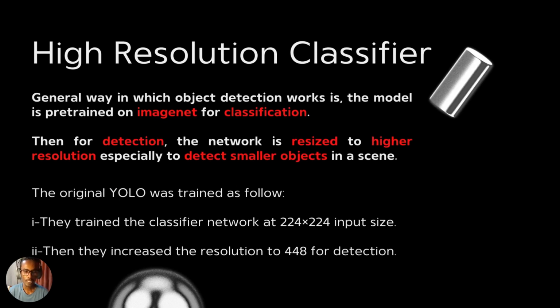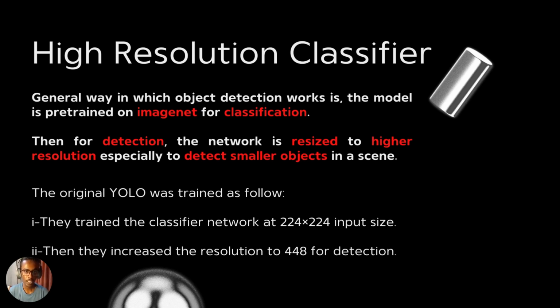So how did they train the YOLO v2 model? One thing they did was use a high resolution classifier. In general, in object detection, we pre-train the model using ImageNet for classification.